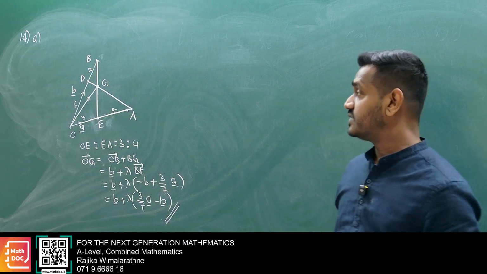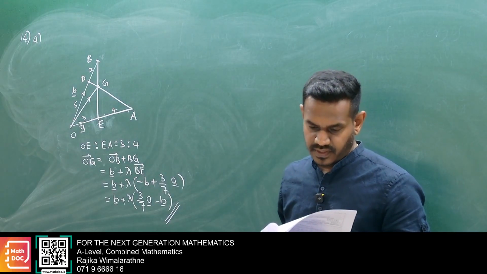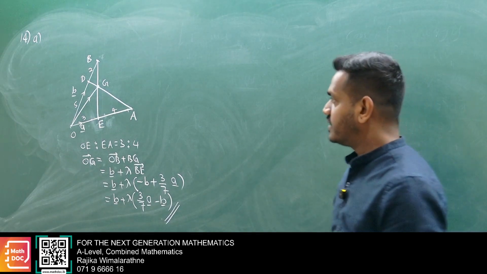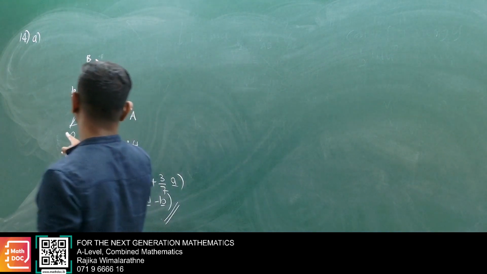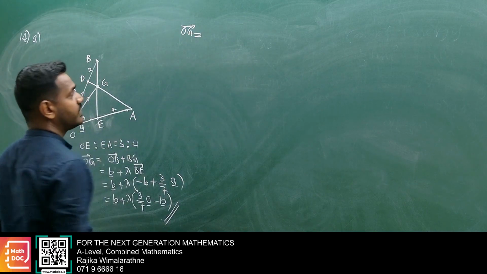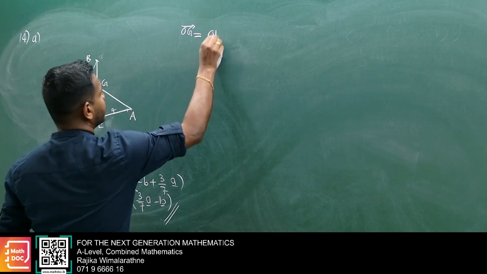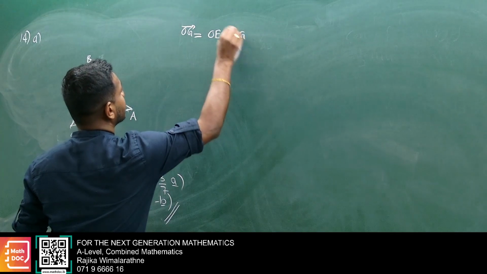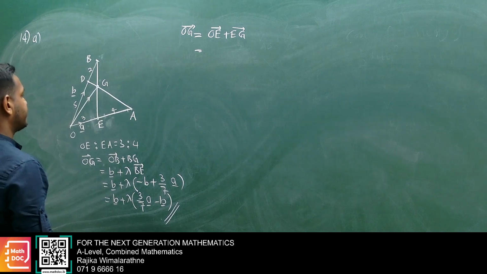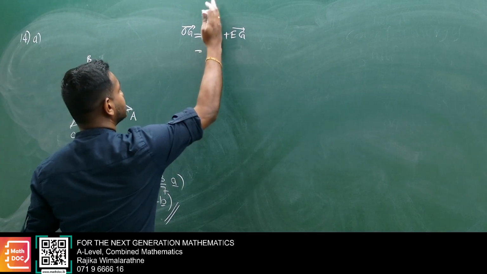According to the relation, you better consider the triangle OAG. Obtain another expression for OG, to find the position vector of G in terms of A and B. Then you find another relation for OG: OG vector equals OA plus AG.